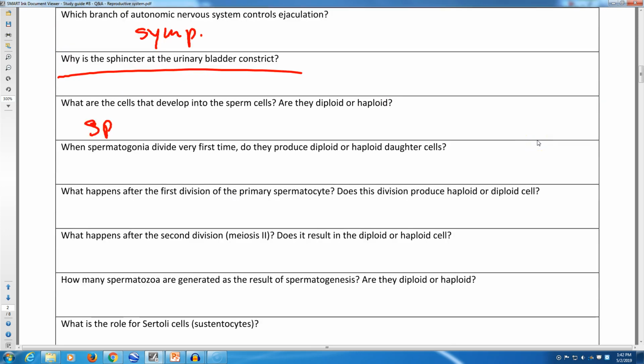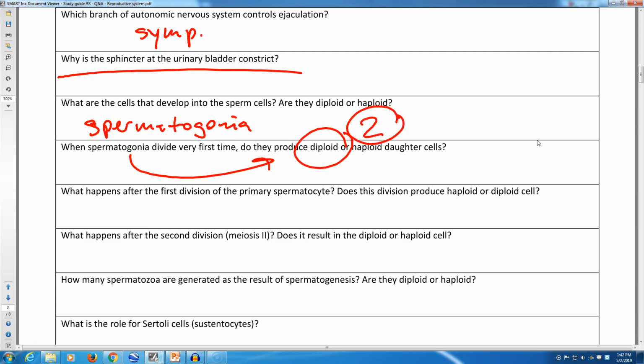Spermatogonia develop into the sperm cells, and they are diploid. I'm sorry, I referred to a different thing. Spermatogonia produce diploid cells, 2 of them, type A and type B, and one of them remains as a precursor.